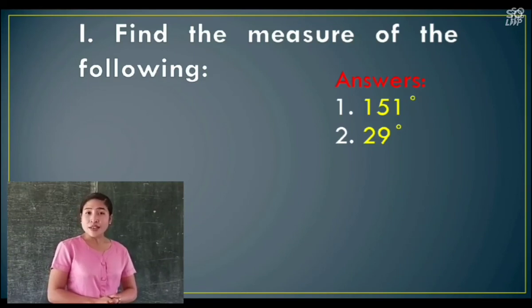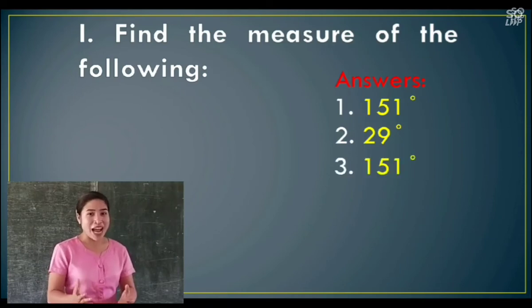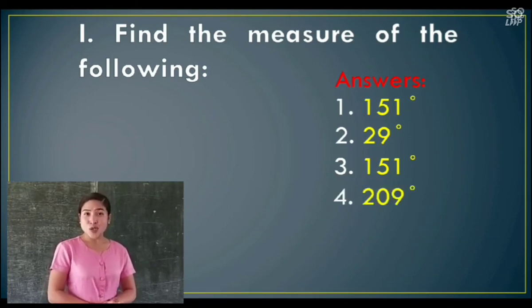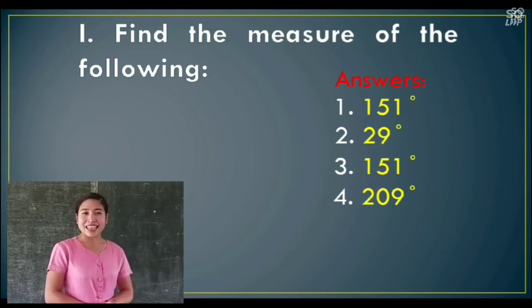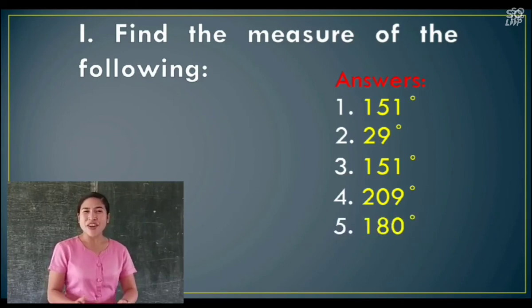Next, the measure of arc LE is correct, it's 151 degrees. And for number 4, the measure of arc LVE is, great job, it's 209 degrees. And last, for number 5, the measure of arc LEV is, very good, it's 180 degrees.